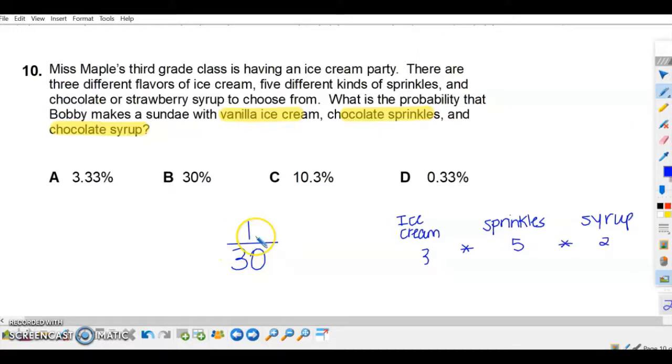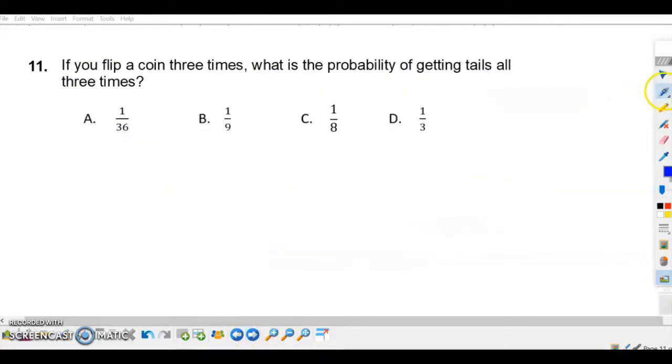And that is one of the possible combinations out of 30 combinations. If you do 1 divided by 30, that gives you about 3.33%. That is a theoretical probability, not an experimental probability, because we don't have actual data to know what the students like and that kind of thing.